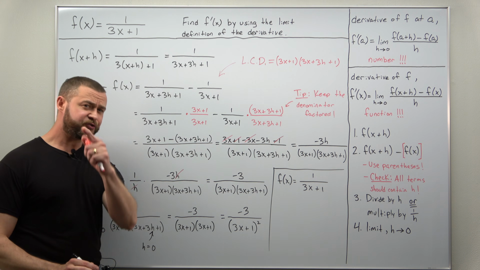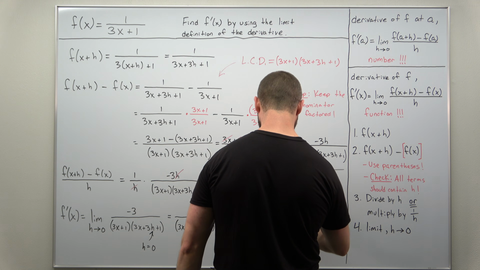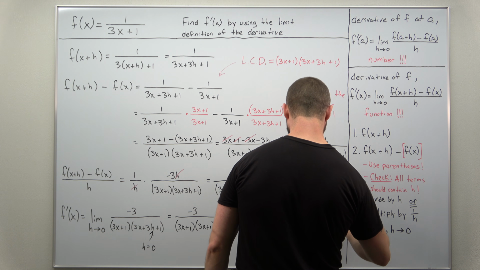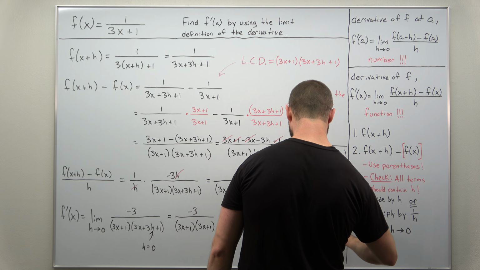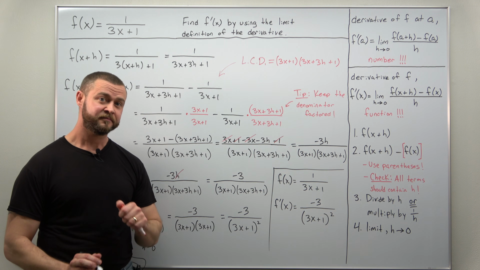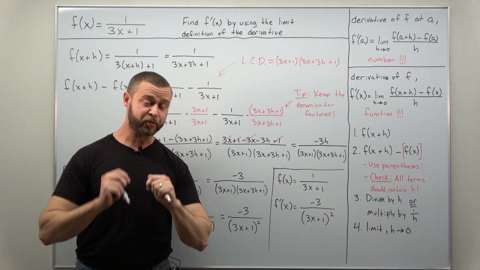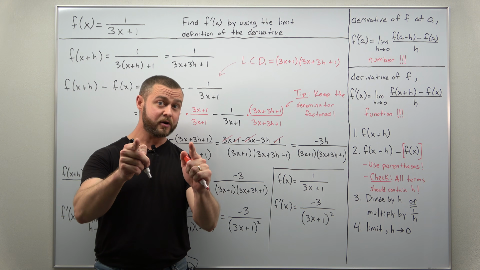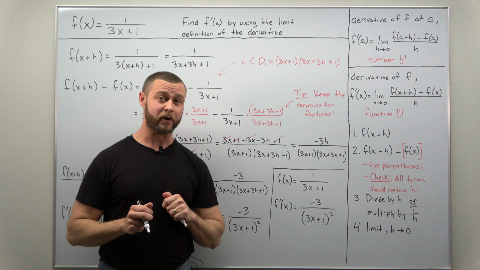And we crushed and destroyed this problem to get our derivative here, f prime of x, as negative 3 divided by 3x plus 1 squared. And there we go. Now, this is a really good problem to be able to understand, and if you can get through this on your own, again, you're in really good shape to do well in your Calculus 1 course.